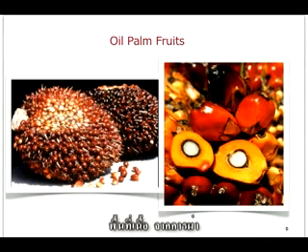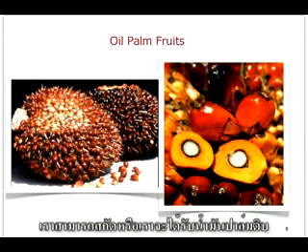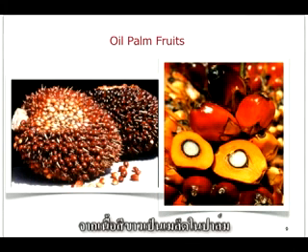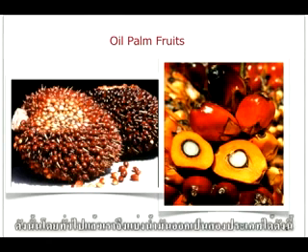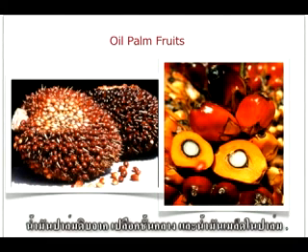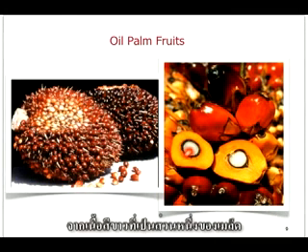This is the part from where we can get the crude palm oil, and the white flesh is the palm kernel, surrounded by the hard shell. So basically we can get two types of oil here: the crude palm oil from the mesocarp, and the palm kernel oil from the white flesh or from the kernel part.